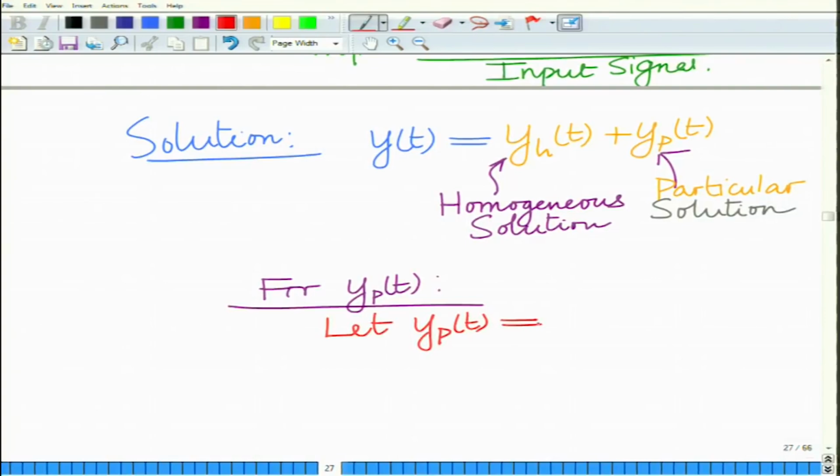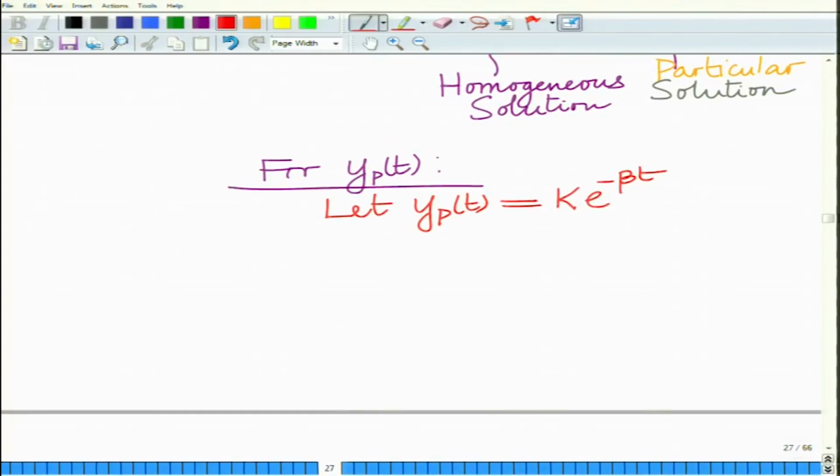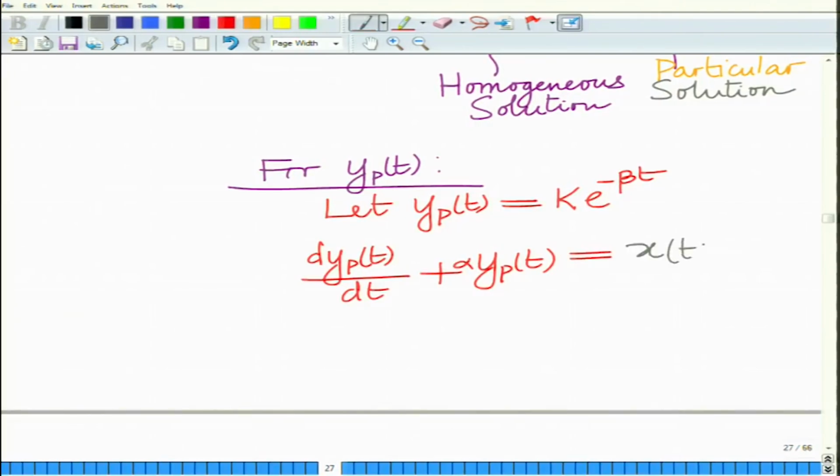We are going to start with the assumption that y_p(t) has the same structure as the input signal, that is k e raised to minus beta t. Now, we have dy_p(t)/dt plus alpha y_p(t) equals x(t).